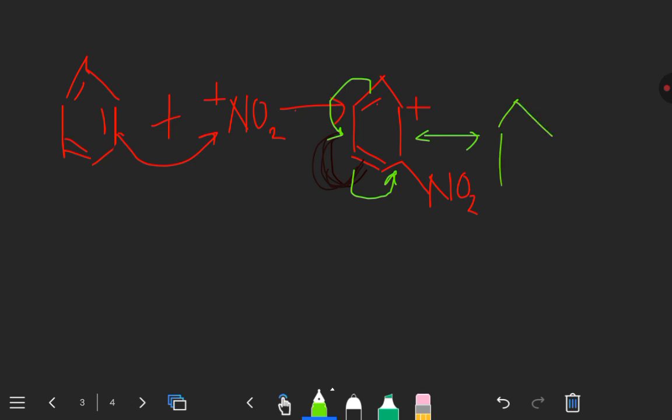So we can have a structure of this nature. So we'll have a double bond coming at this point. Then this double bond has come to this point. Then the charge has been shifted to that point, maintaining the position of the electrophile.